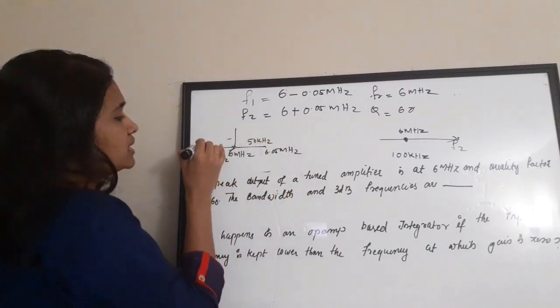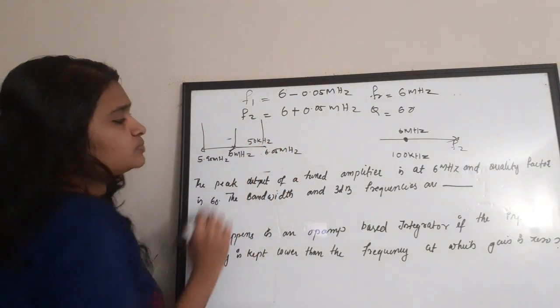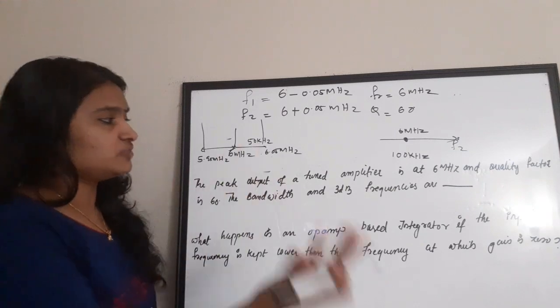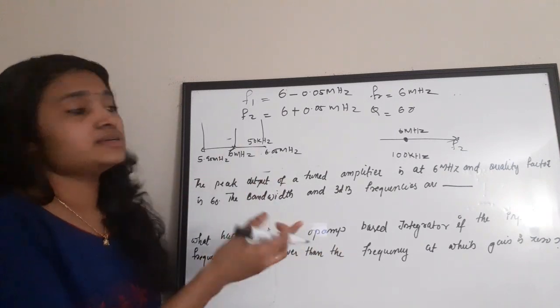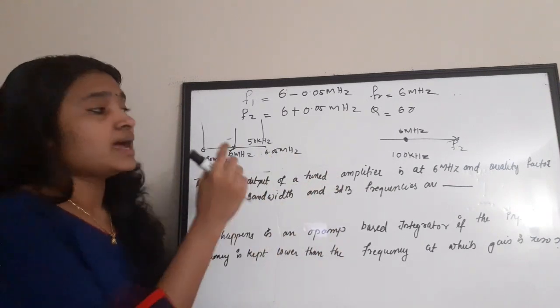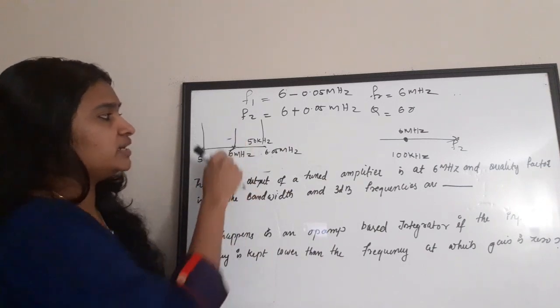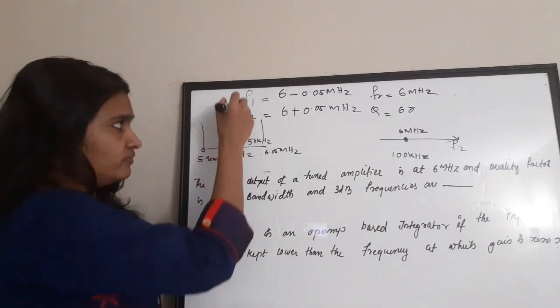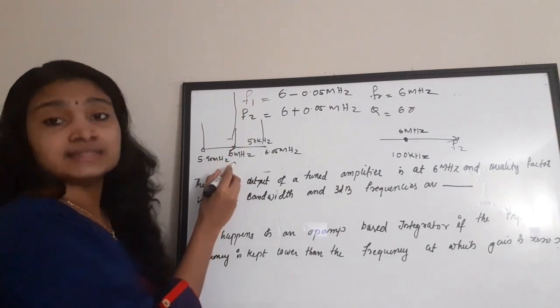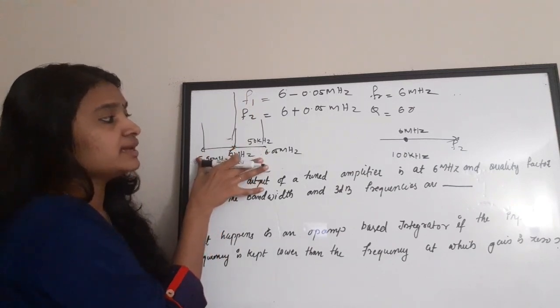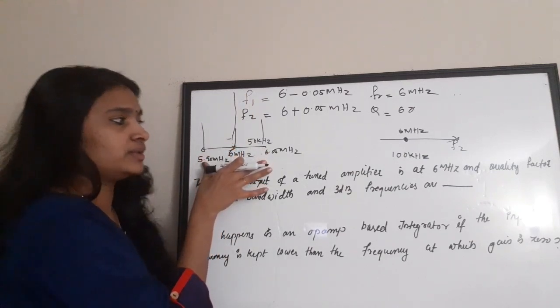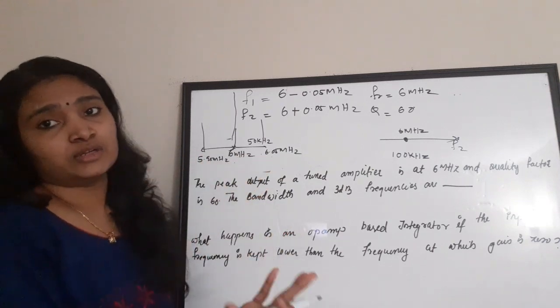Very simple, right? So this is how you need to solve this problem. The 3 dB frequencies are 5.95 megahertz and 6.05 megahertz, the resonance frequency, midway between these two where the peak occurs, is at 6 megahertz, and the bandwidth is 100 kilohertz.